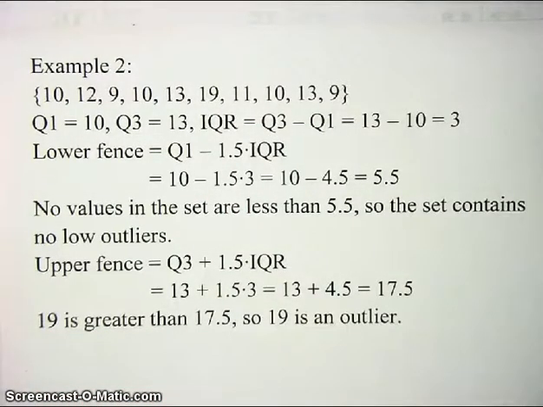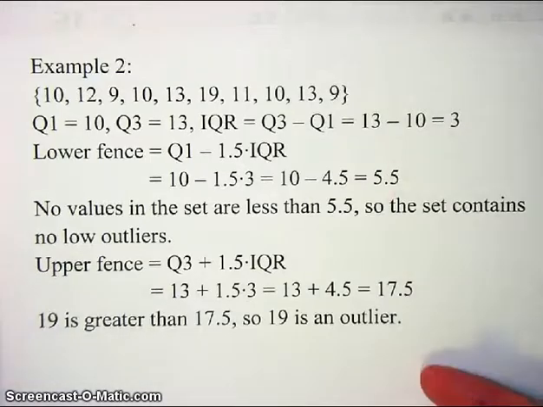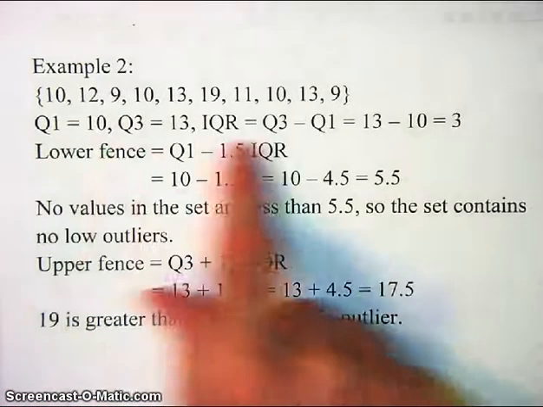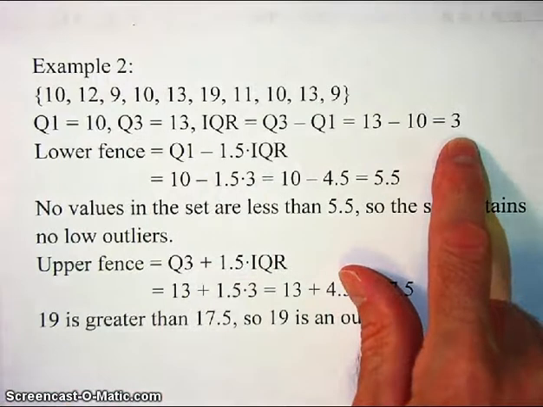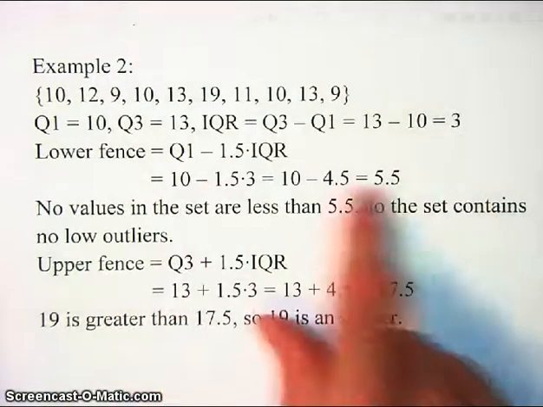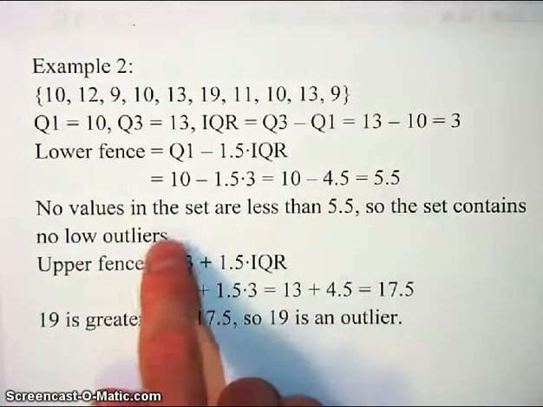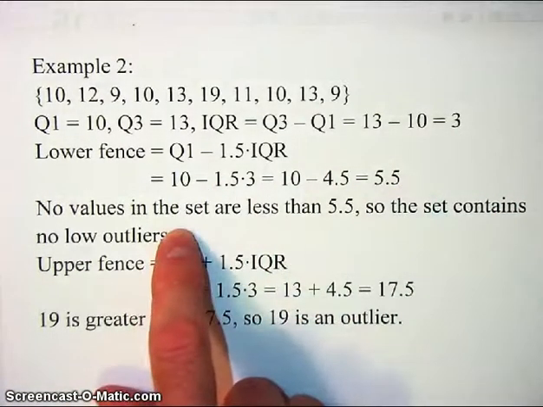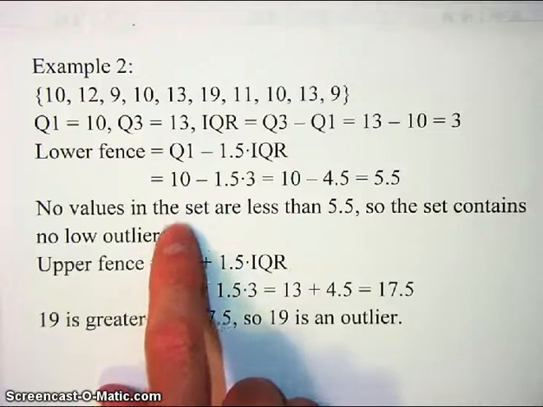Again, if you have to use this rule to demonstrate whether an observation is an outlier or not, this is the general presentation you want to go through. Okay? Find your quartiles, find your IQR, find your fences, show your work, and then compare the fences to the data that you have and make a decision. Okay?